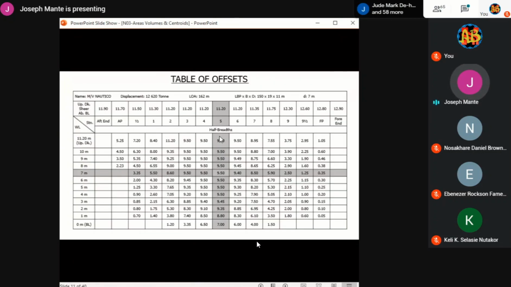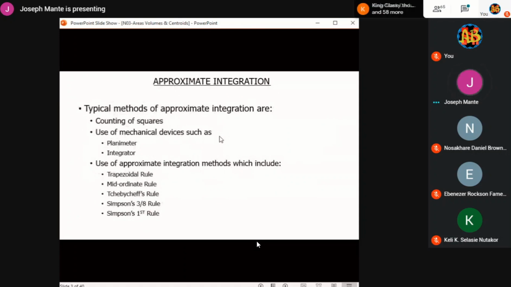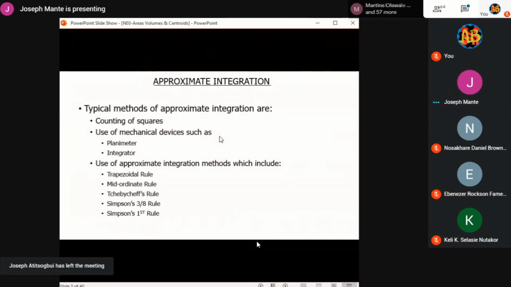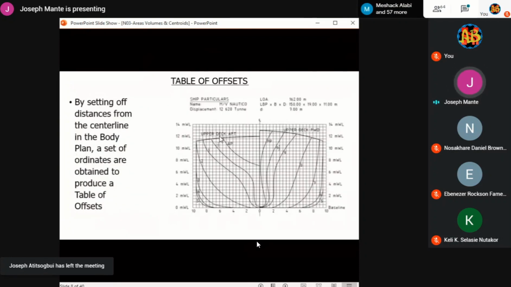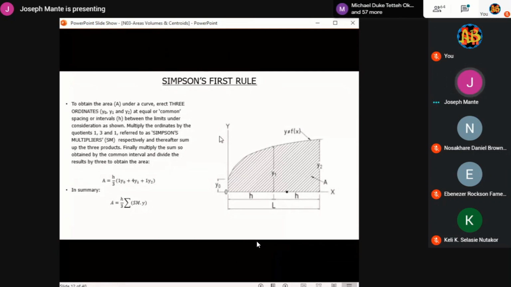Initially, we said that we can use approximate integration methods, which include the trapezoidal rule, Simpson's rule, the mid-ordinate rule and all that. We will now use Simpson's first rule to calculate for areas and all of that.